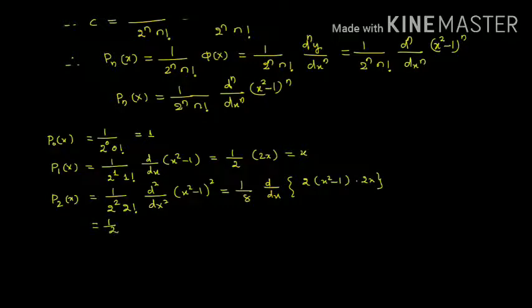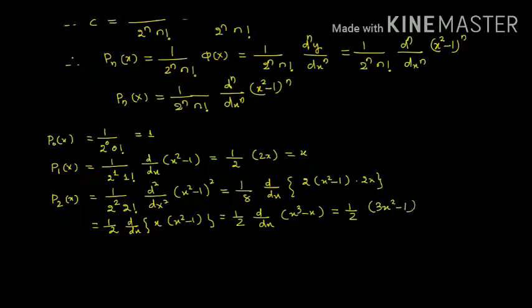half d by dx of x into (x square minus 1), which is equal to half d by dx of (x cube minus x), which is equal to half (3x square minus 1).